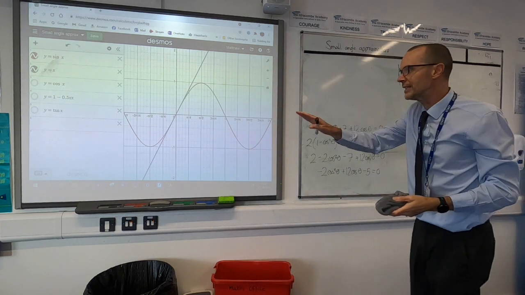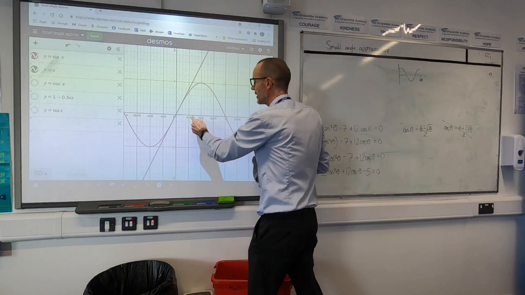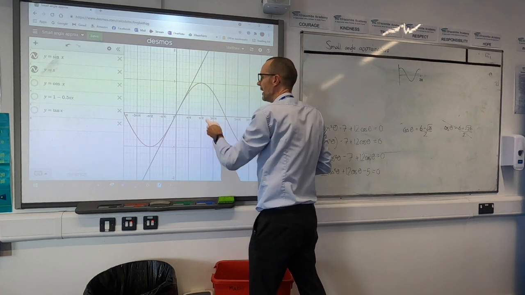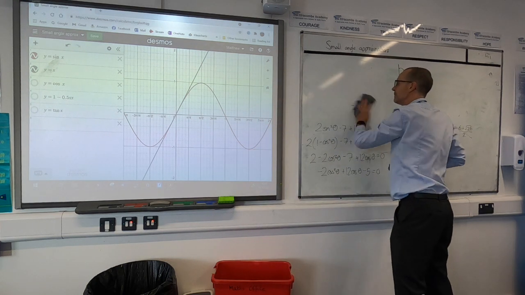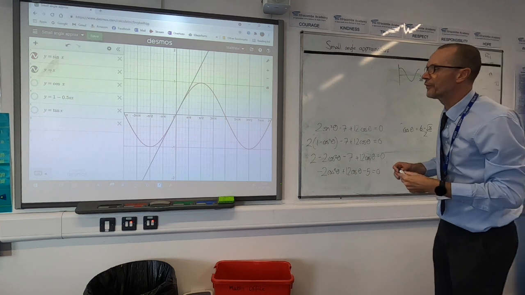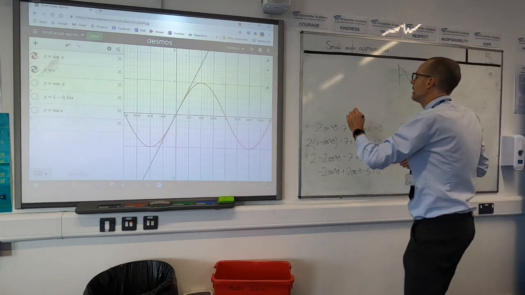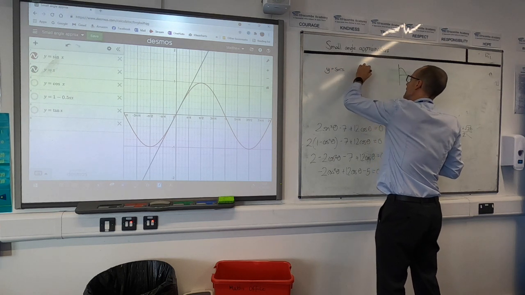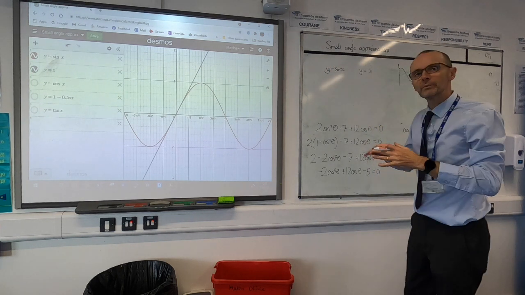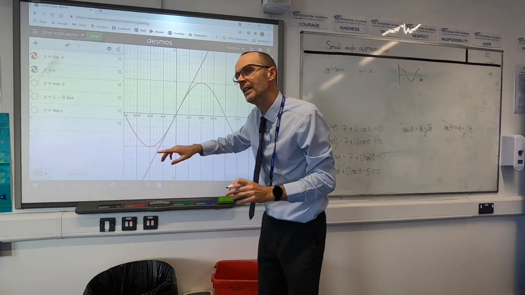Because I'm dealing with radians, where 1 radian is about 57 degrees, which is about there, the line is a lot less steep. And what it means is that for the first few radians, y equals sine x and y equals x run pretty much together. In this sort of region here, they're the same.